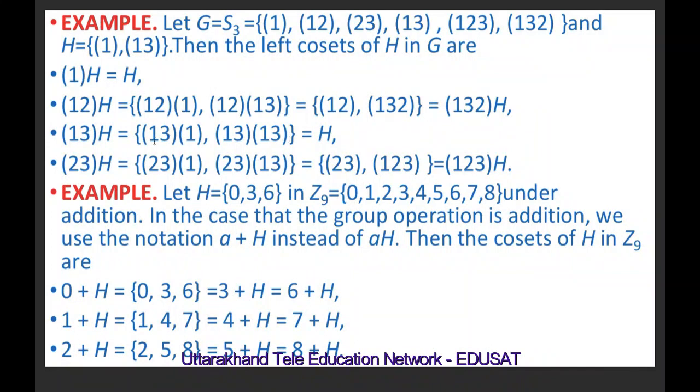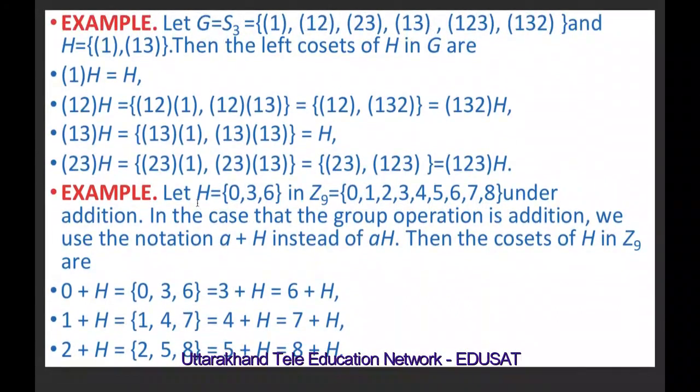So applying this composition, the resulting set is H, which is {1, (1 3)}. (2 3) times H is (2 3) times 1 and (2 3) times (1 3), which comes out to be (2 3) and (1 2 3).